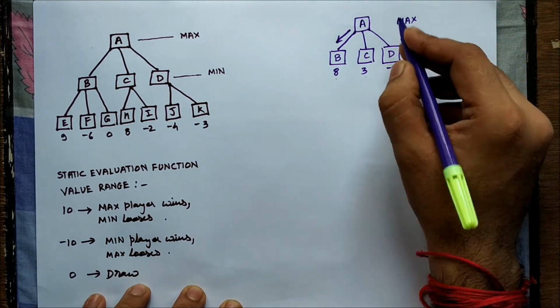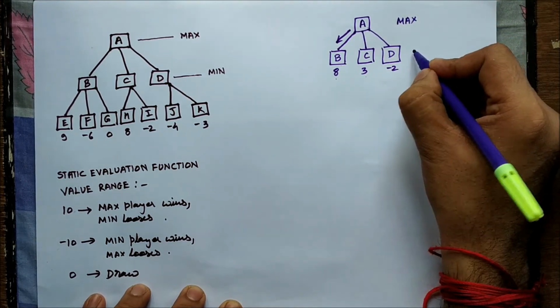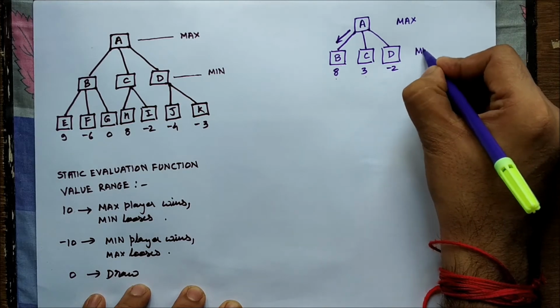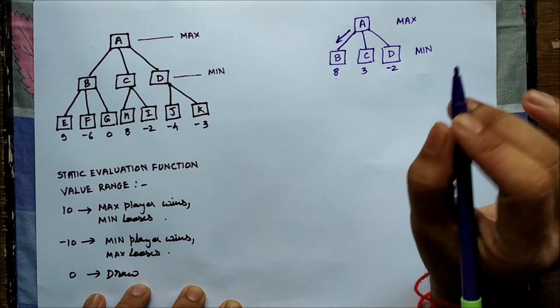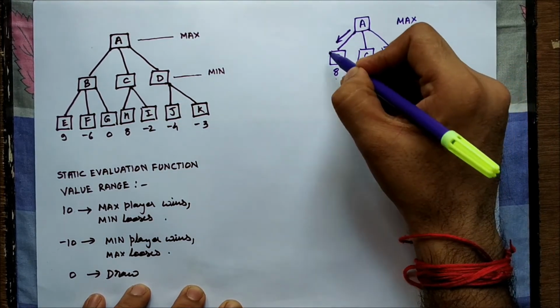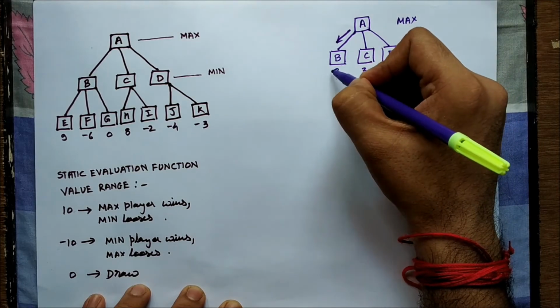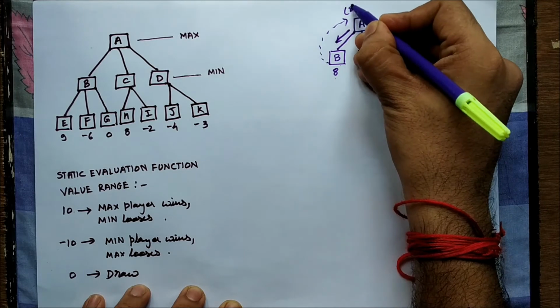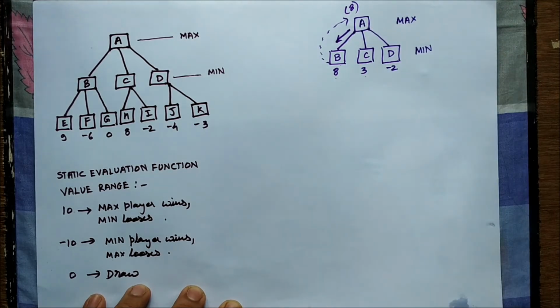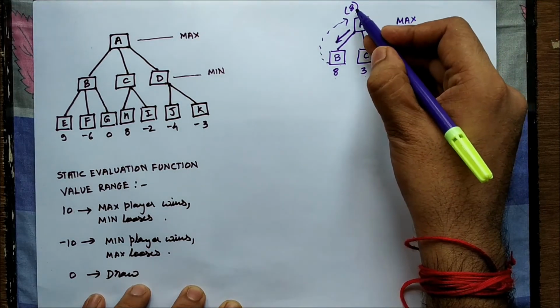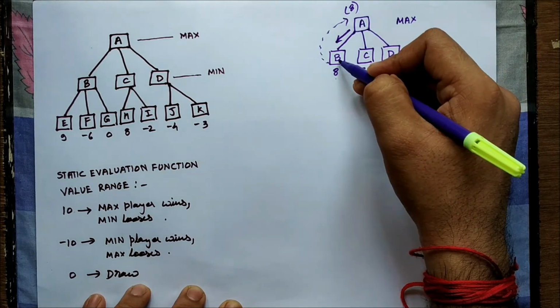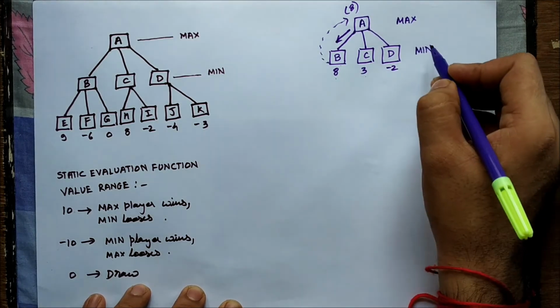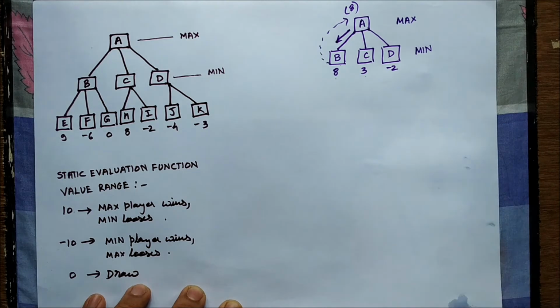Once you select B, it's the min player's turn. Also note that once node B is selected, its value 8 is backed up to its parent, so A gets a backup value of 8. A gets an advantage of 8 units if you select B. Now the min player has to start from here.